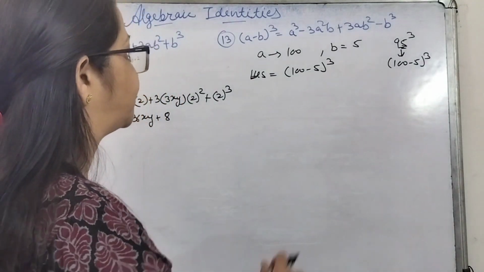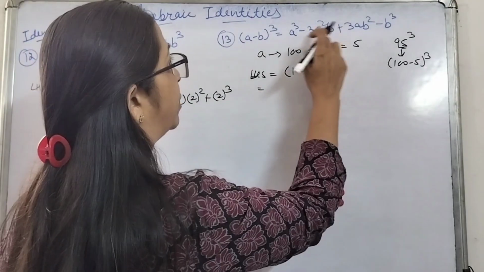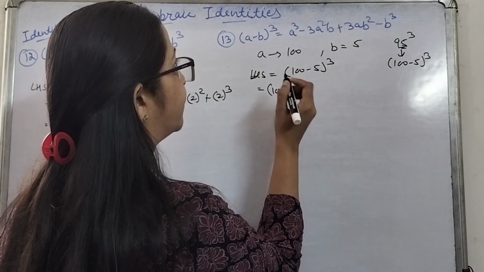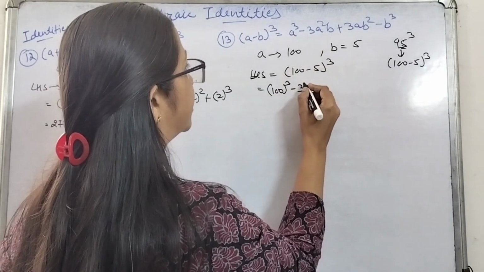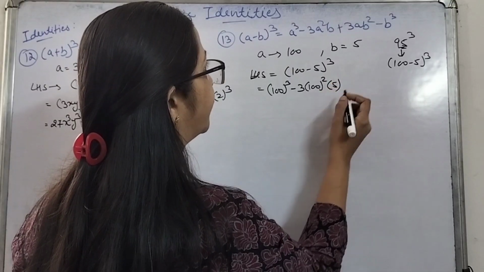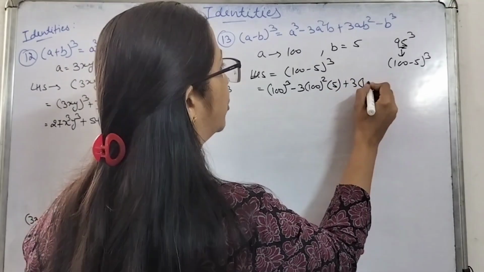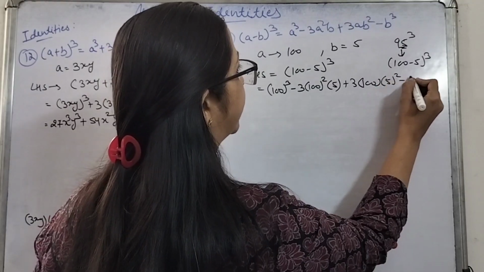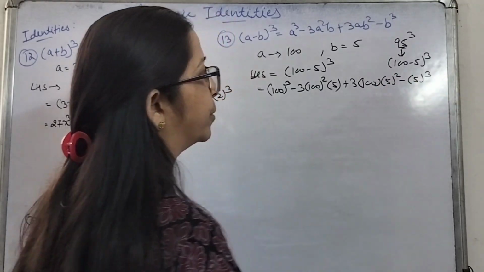So the solution of this will be a cube. A is your 100, so 100 cube minus 3 into a square, which means 100 square, into b, which is 5, plus 3 into 100 into b square, which is 5 square, minus 5 cube.